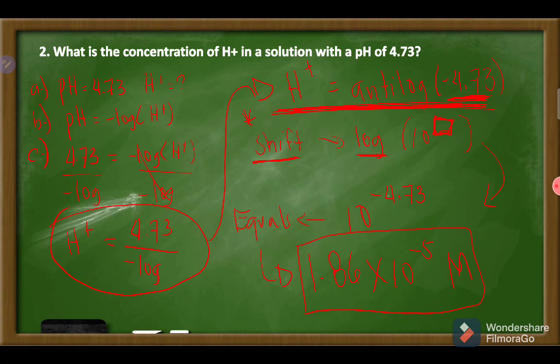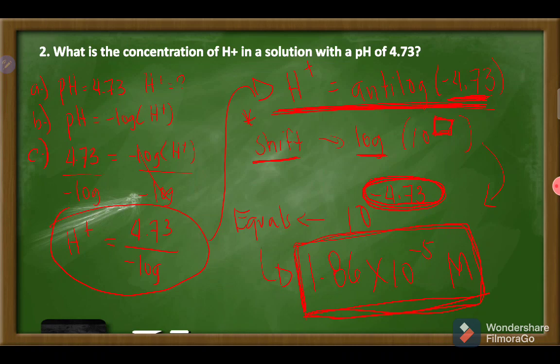In the box, you're going to write the negative value of the pH, and then press equals, and it will give you the answer for the concentration of hydrogen.